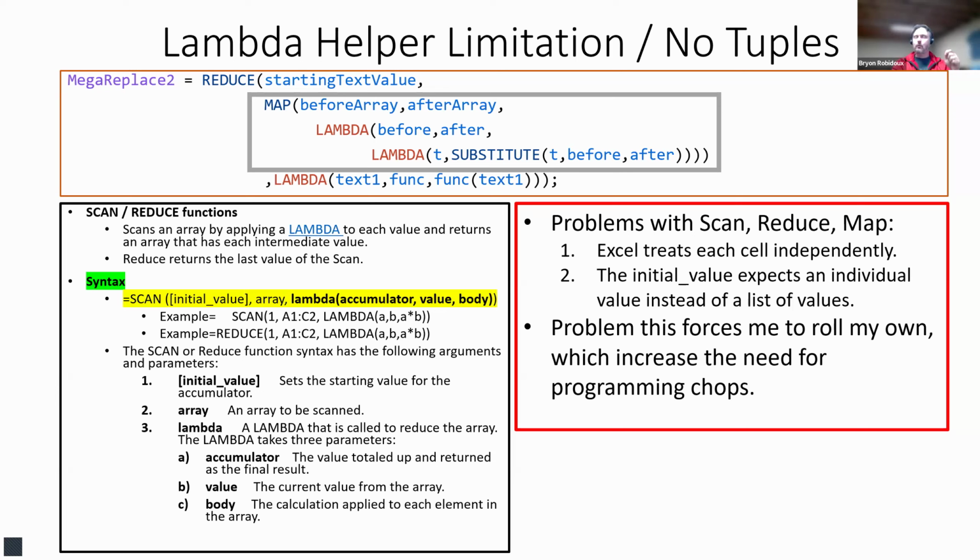So when I'm doing that before and after array, if I gave it an array with two columns and three items, I would want it to do three operations, but what the built-in functions do by default is they would want to do six operations, one for each one of the elements.